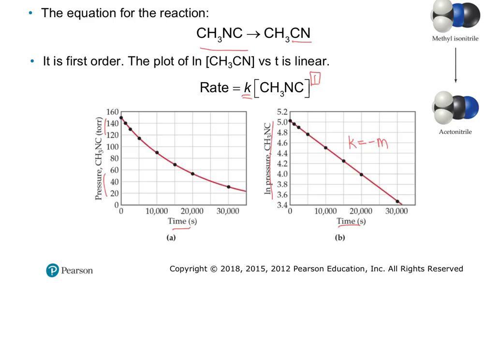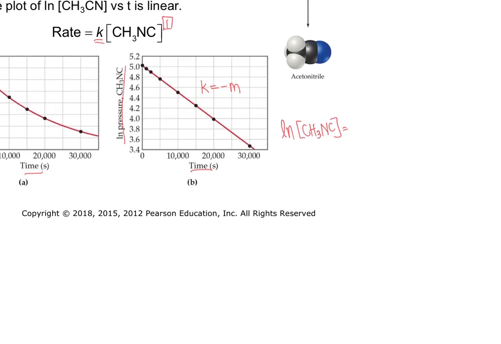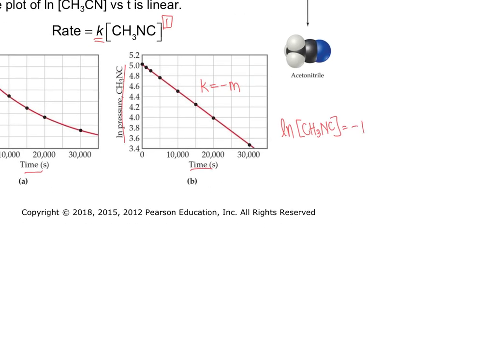So now that I know that this is the case, natural log of methyl isonitrile is equal to negative kt plus natural log of my initial concentration.